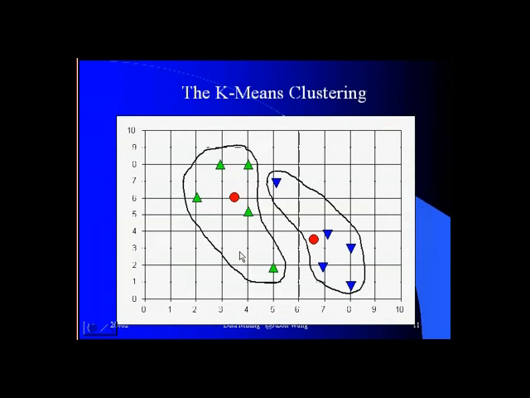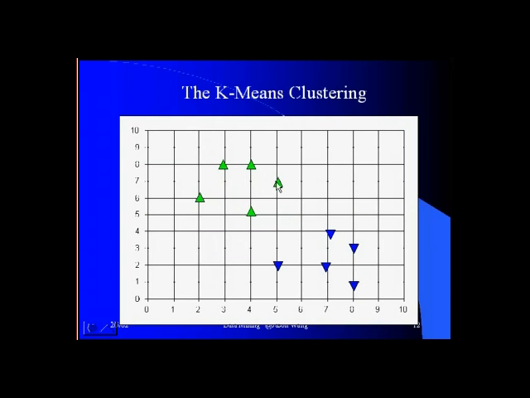Similarly, look at this data object, which was originally in cluster 2. But right now, after you calculate centers, it seems that this object is closer to the center for cluster 1. So that object is reassigned to cluster 1 with this center. So you reassign this blue data point and this yellow data point, okay? That gives you something like this.